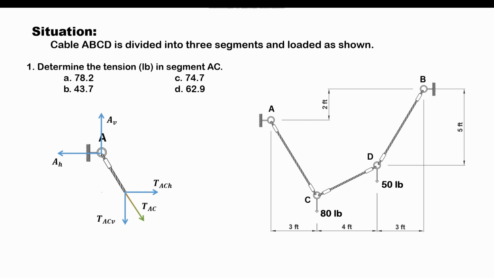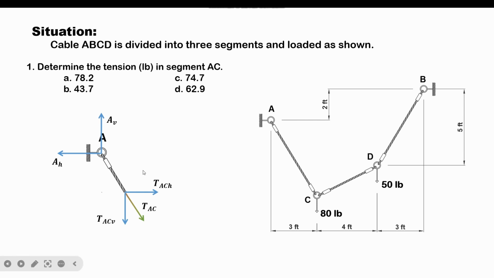Now, let's consider summing vertical forces. The vertical forces at joint A are only AV, the vertical component of the reaction at A, and TACV, the vertical component of the tension of segment AC, the segment connected at joint A. In order for joint A to be in equilibrium, the sum of all vertical forces must be 0.